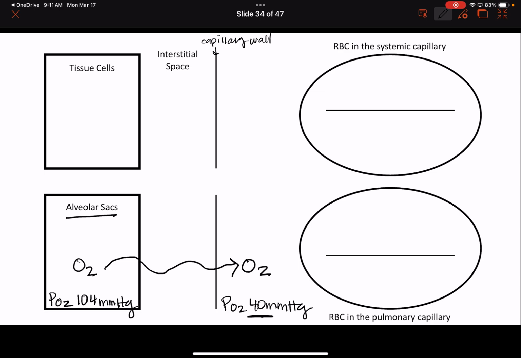So that oxygen is going to have to get transported into the red blood cell. And oxygen plus hemoglobin makes oxyhemoglobin. So O2 plus Hb makes HbO2. Yeah, oxyhemoglobin.